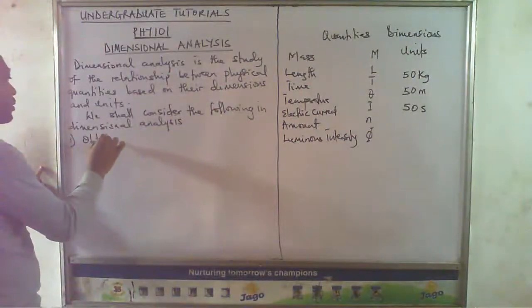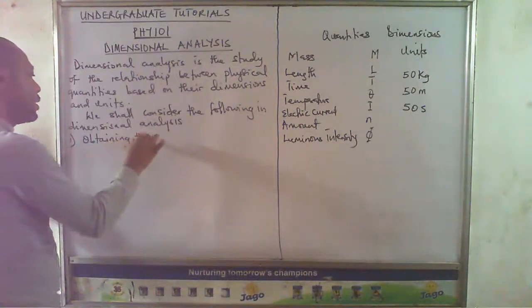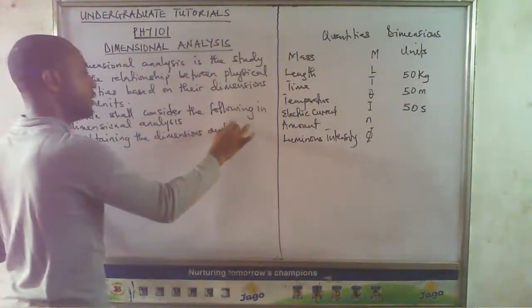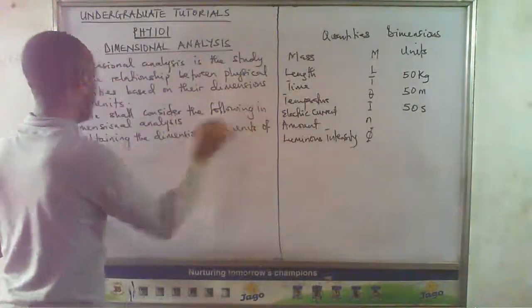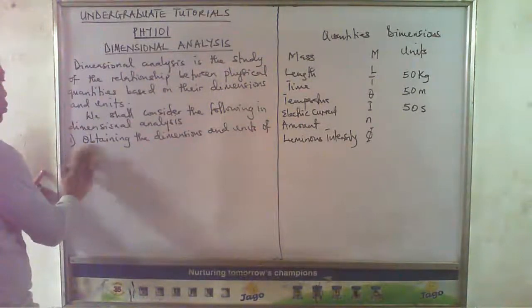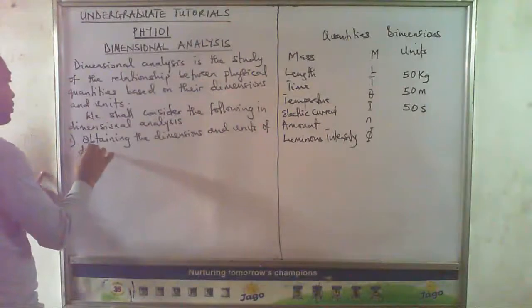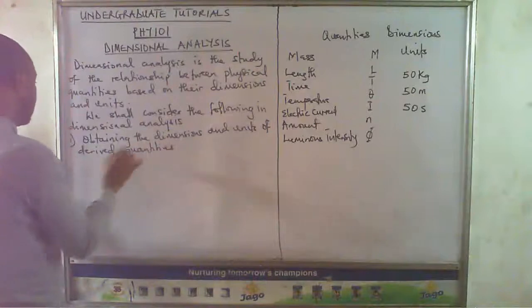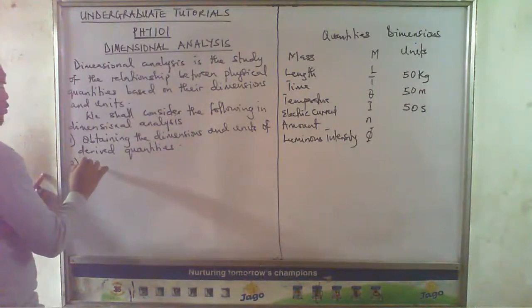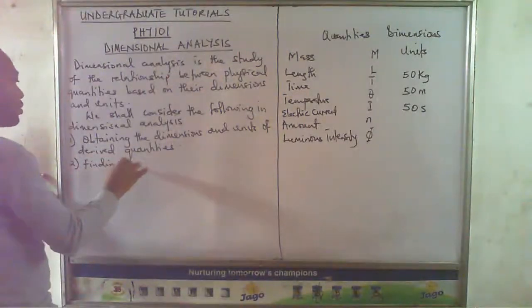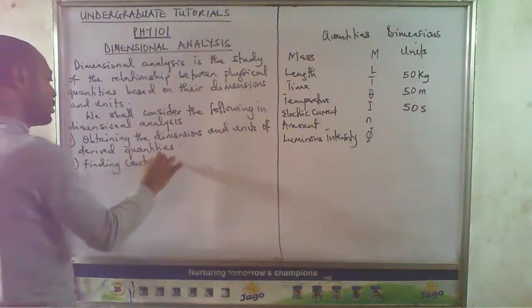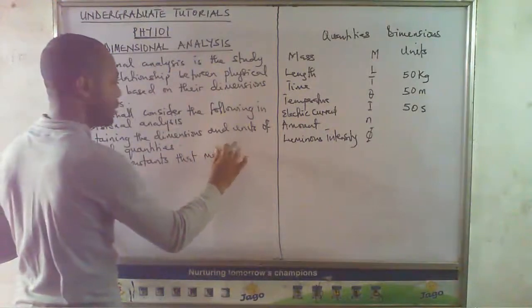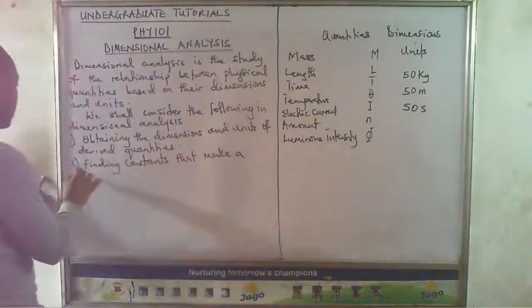Obtaining the dimensions and units of derived quantities, specifically derived quantities. 2. Finding constants that make a dimension correct.